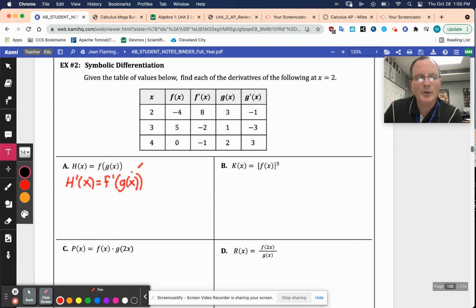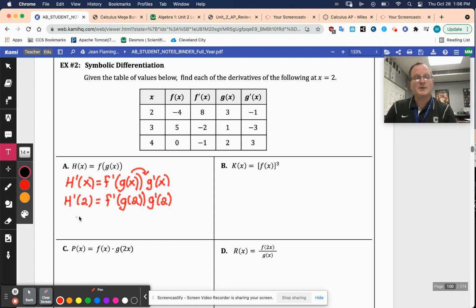And then chain rule: g prime of x, all right? So I'm doing this for 2. So h prime of 2 would be f prime of g of 2 and then g prime of 2.